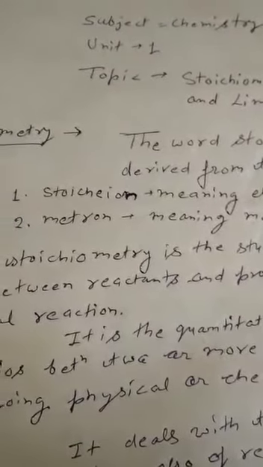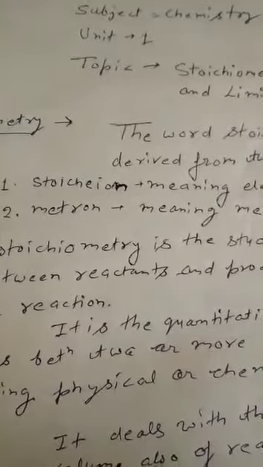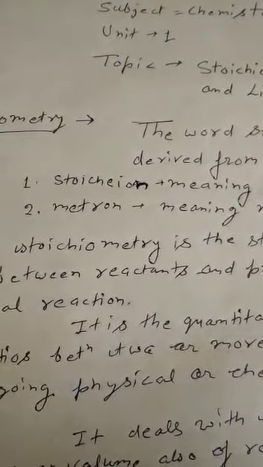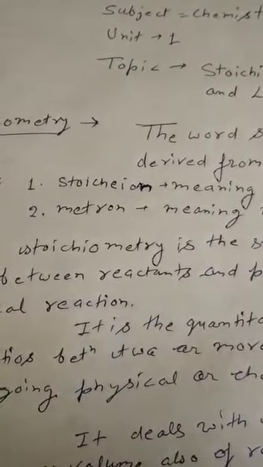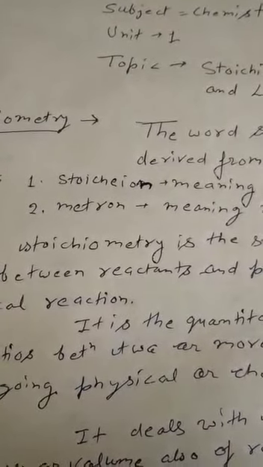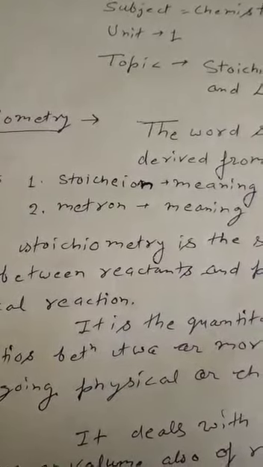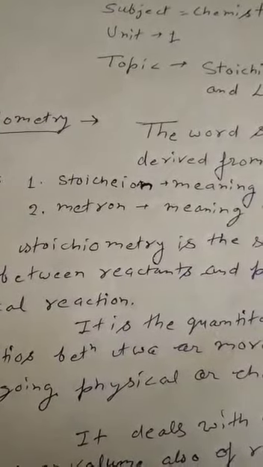So if we have the balanced chemical reaction, we can find out the number of moles or molecules of reactant which participate in a chemical reaction and form the number of moles or number of molecules of product.